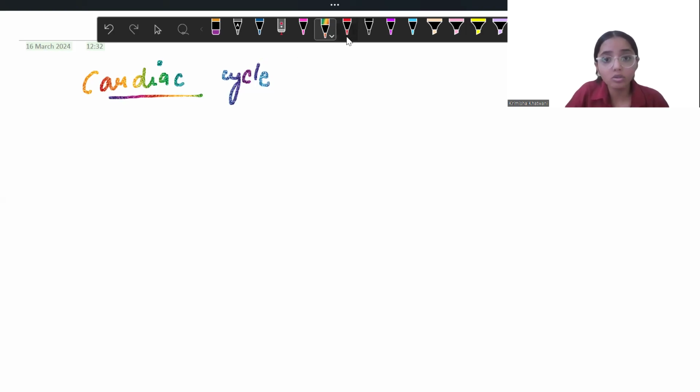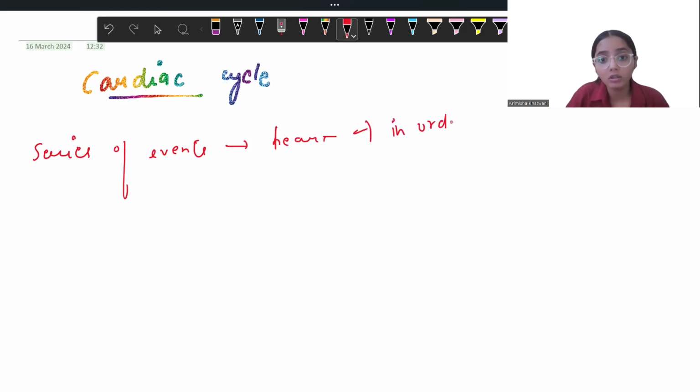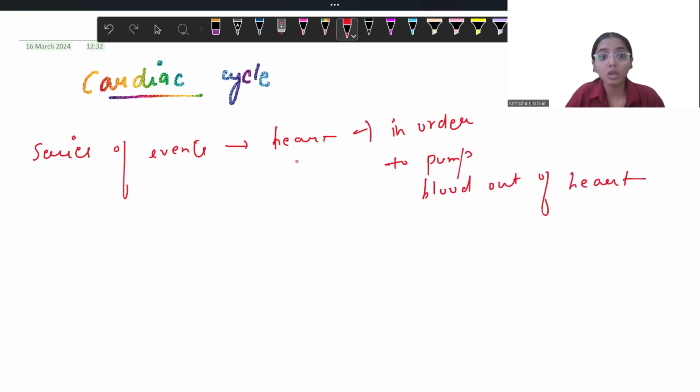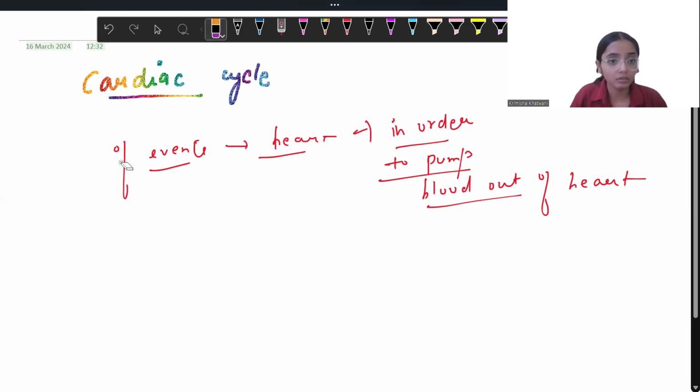Cardiac cycle, my friends, refers to a series of events occurring in the heart in order to pump blood out of the heart. Understood? That is cardiac cycle.